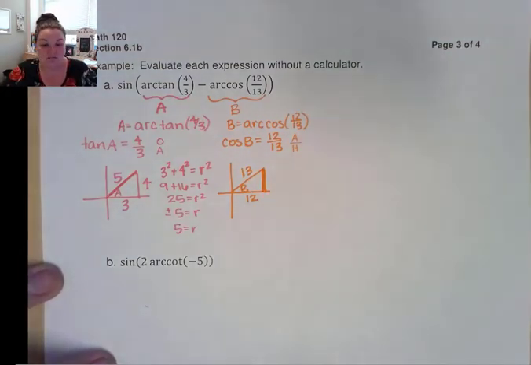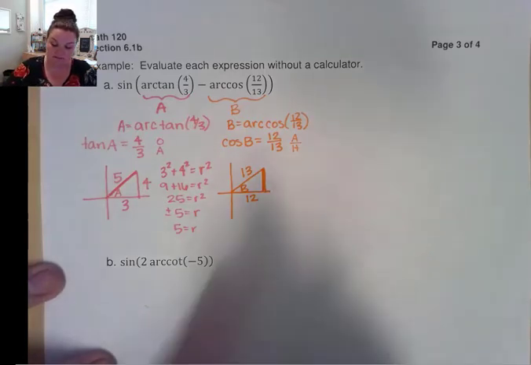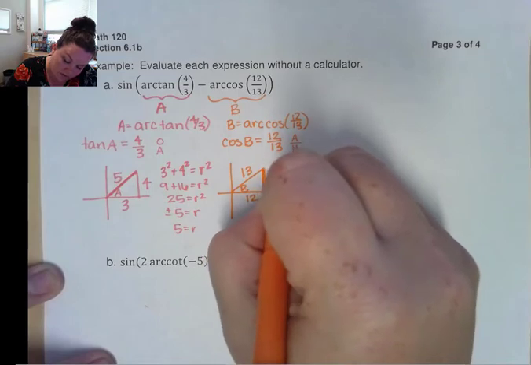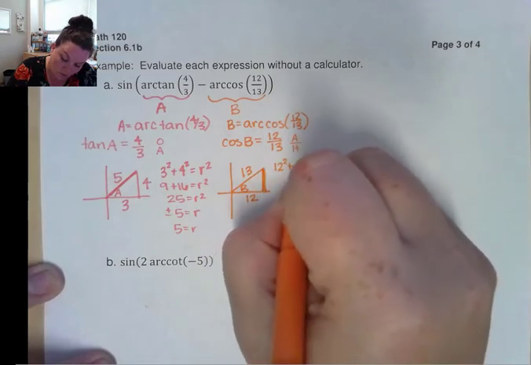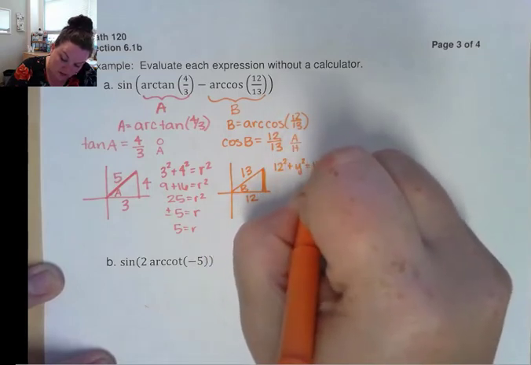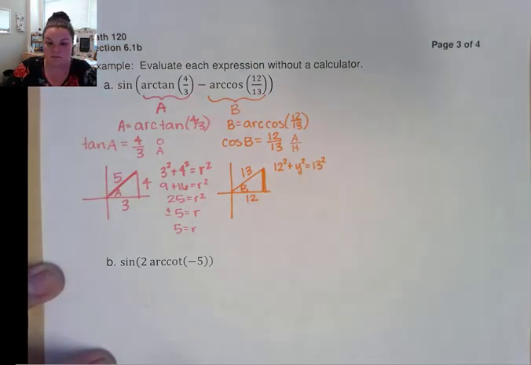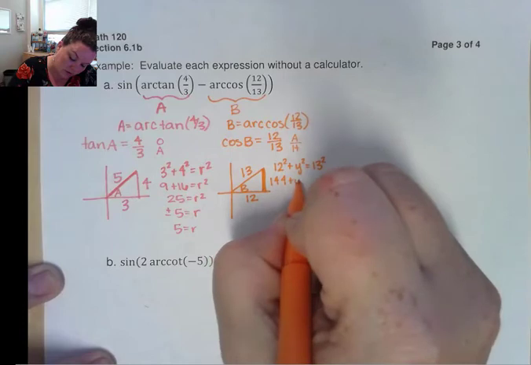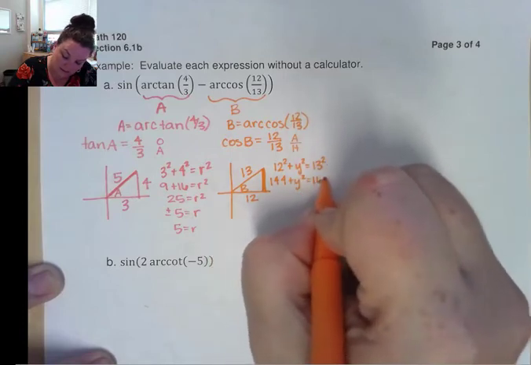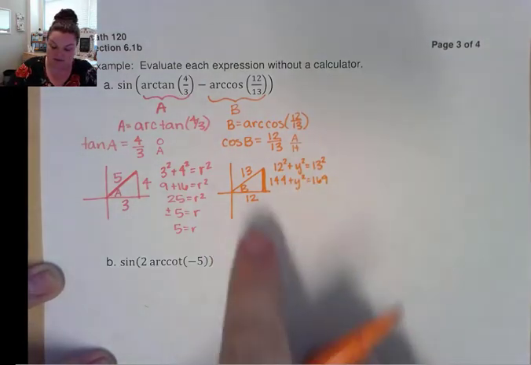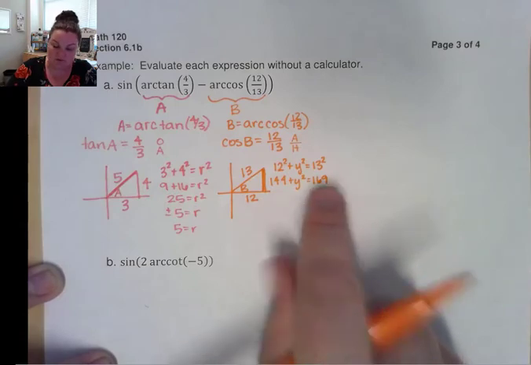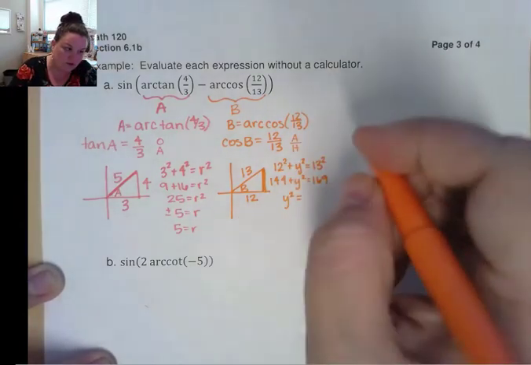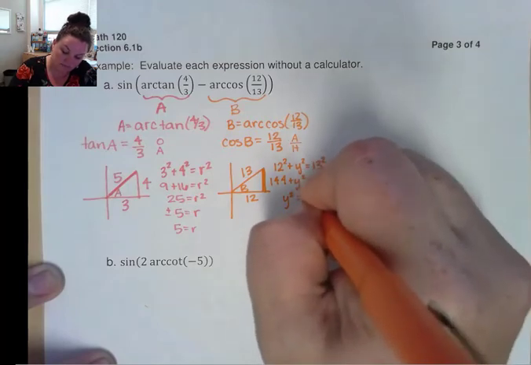Again, I'm going to use the Pythagorean formula to figure out what that missing side length is. So if I do my x squared, 12 squared, plus my y squared, which we don't know, that should equal 13 squared. So 12 squared is 144, plus y squared equals 169. If I subtract my 144, that gives me y squared is equal to 25.